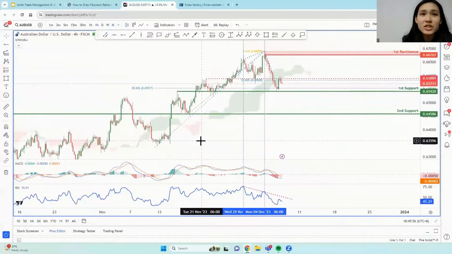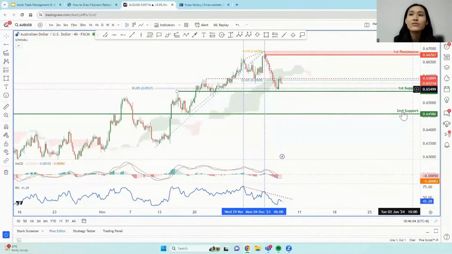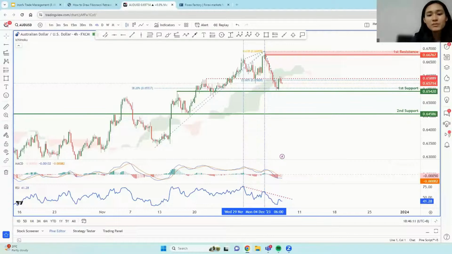So price is typically attracted to such strong areas of resistance or support. In this case, of course, support. So once price breaks out of our first support, we should have enough downside confirmation that price will continue towards our second support.